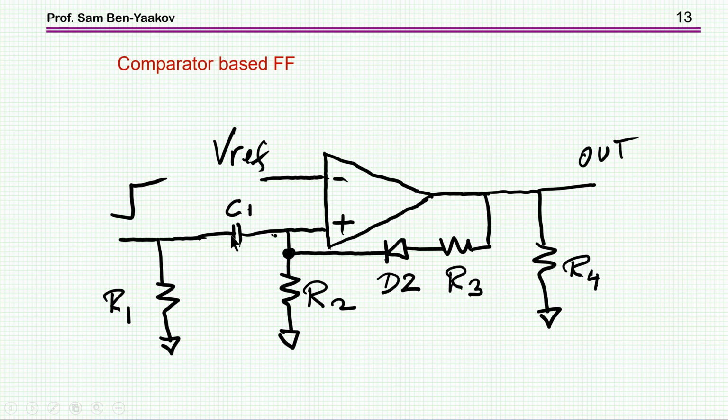Now this signal has to be higher than the V reference. If the V reference is very high, this signal will not allow the flip-flop, or the memory, or the comparator to lock. Furthermore, in order to force it to the off state when the input signal is low, I'm adding a diode here, so when the signal is low, it'll pull it down and make sure that the output is low. This is the one that goes now to the control of the switch.